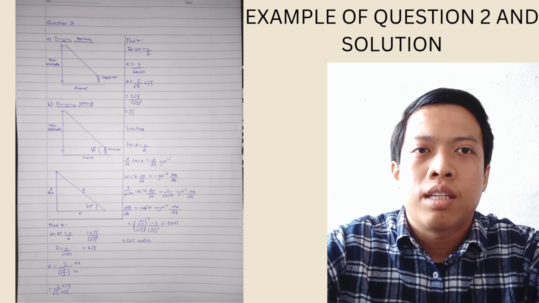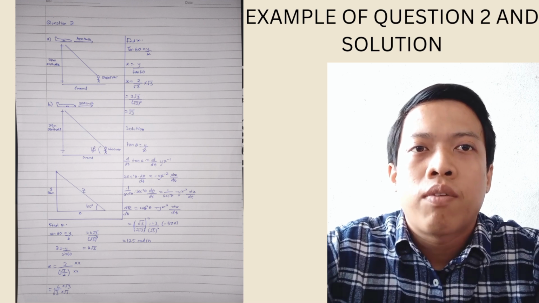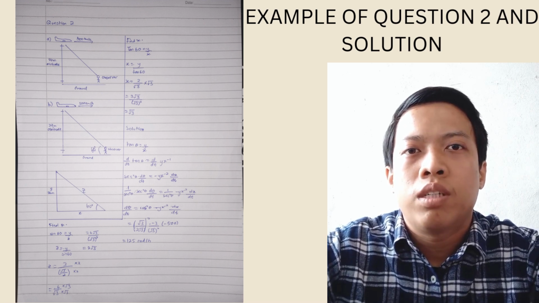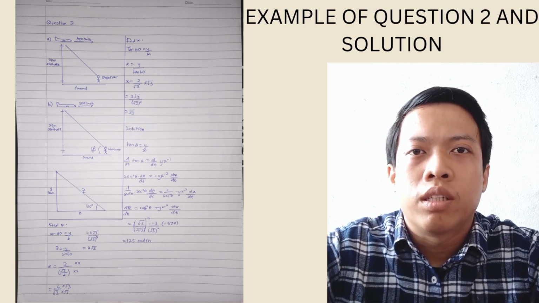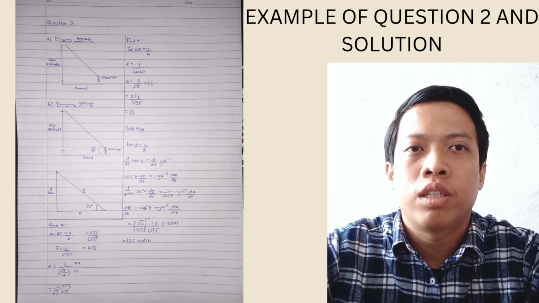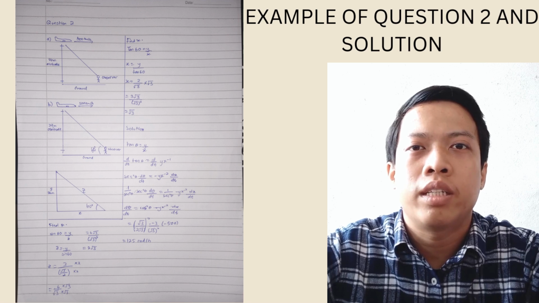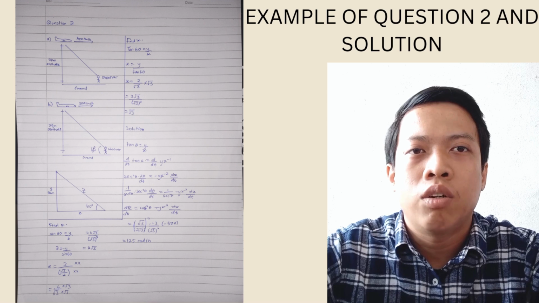This is an example of the sketch: the airplane travels horizontally at 500 km per hour toward the observer at 60 degrees at an altitude of 3 km. Next, for question B, solve the given situation by finding the rate at which the angle of elevation is changing at that instant. That means we need to find d theta over dt.